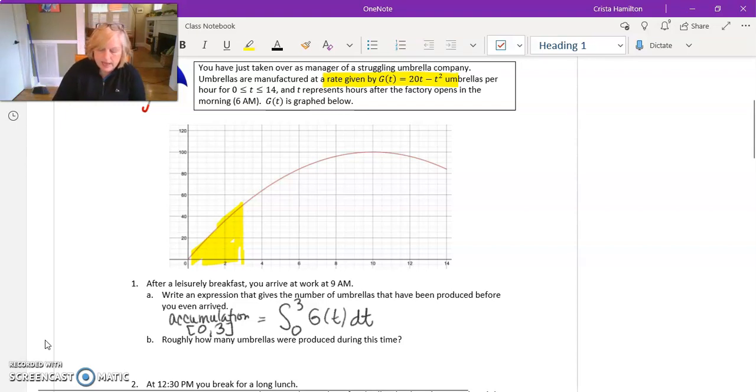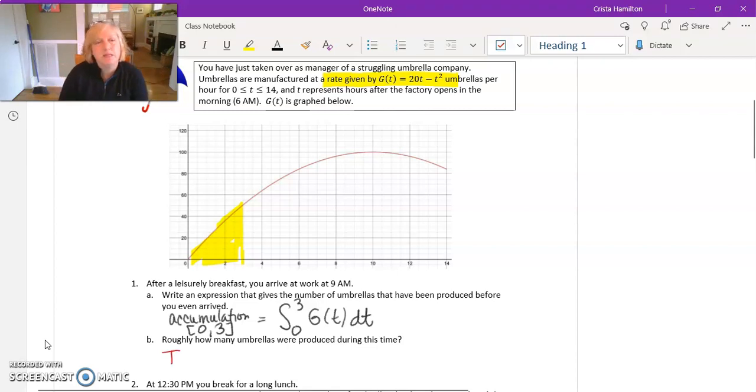Now, it's going to ask us roughly how many umbrellas were produced during that time. So remember that we're just trying to estimate the actual area under the curve. Out of the methods, left sum, right sum, midpoint sum, and trap sum, I'm going to use the trap sum, and I'm just going to do one quote unquote trapezoid.